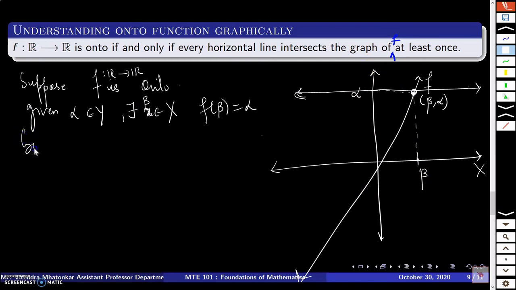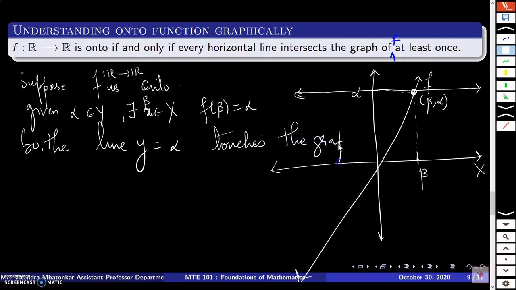So the line y equal to alpha touches the graph of f at least once, right?